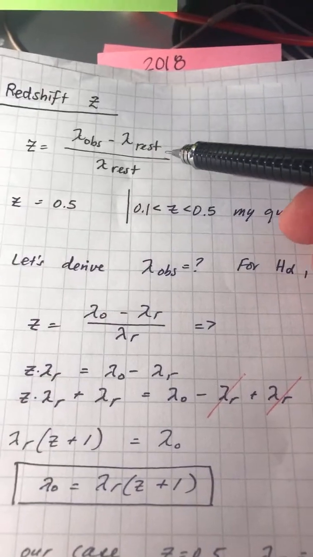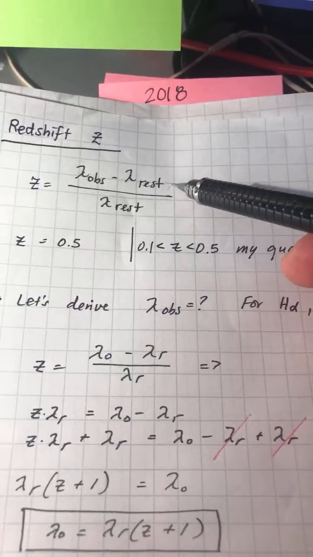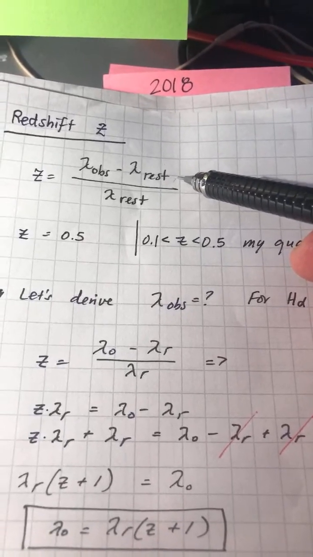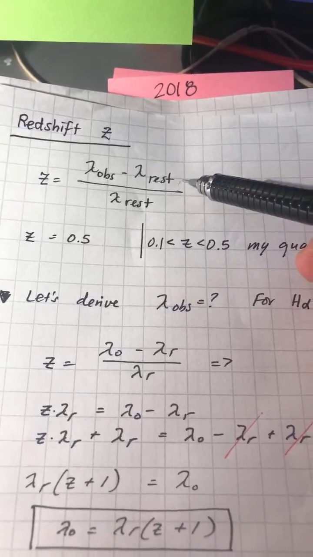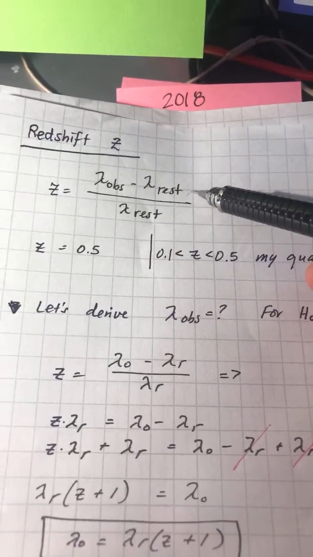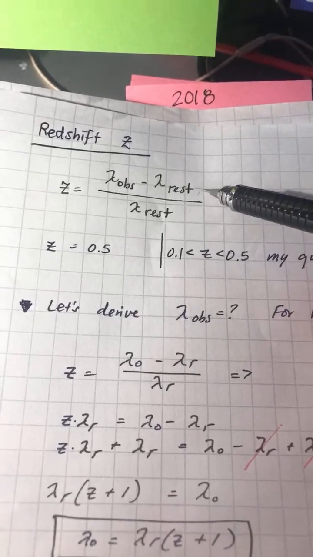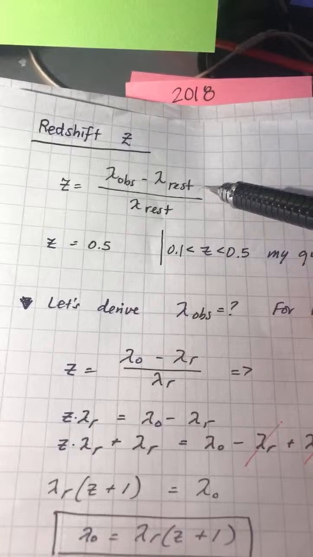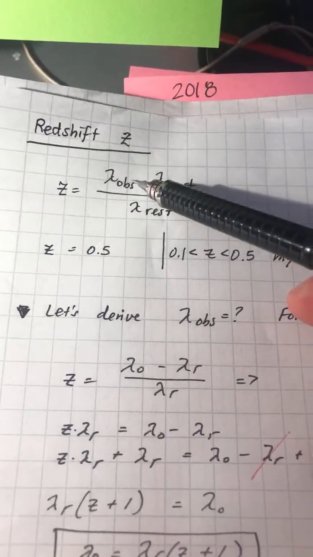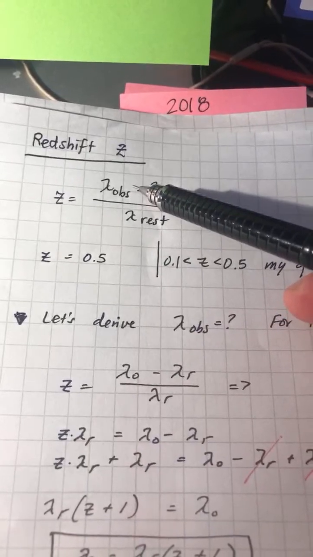So lambda rest is a wavelength measurement in rest frame. What it means is it is what was the wavelength of that emission line when it was emitted by that object. And lambda observed is a wavelength that we observe with our instrument.